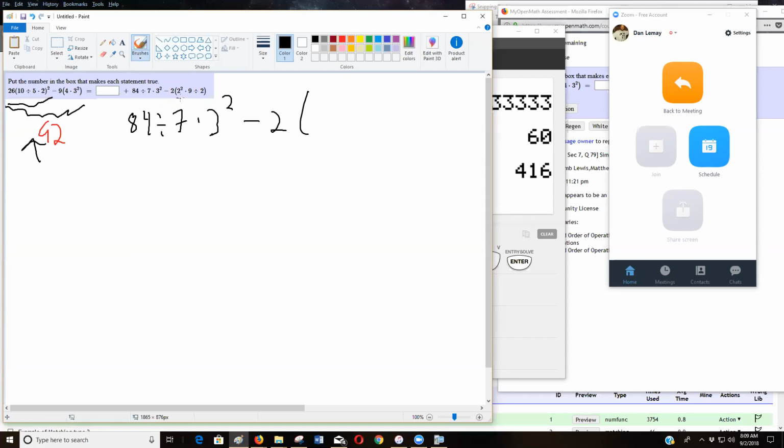So I'm seeing 4 squared is an exponent, and 2 squared is an exponent. That's 4 times 9 divided by 2. Now remember, I could go 4 times 9 is 36, divided by 2 is 18. I could also think of division as a fraction. 4 divided by 2 is 2. 2 times 9 is 18.